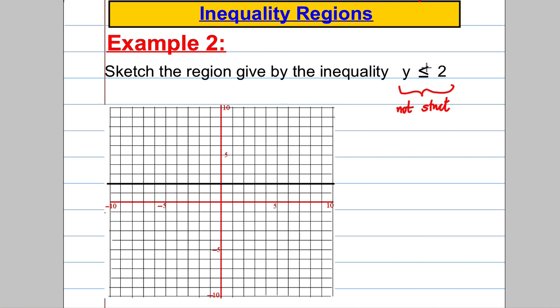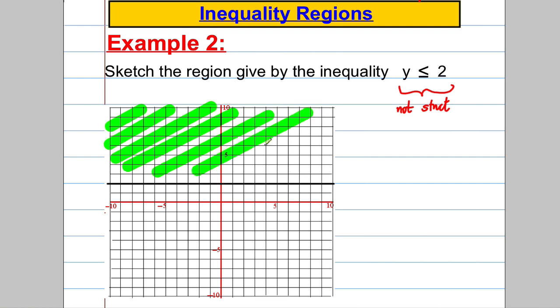We want y less than or equal to 2, so we want the region below that line. So what we're going to do obviously is shade the region above the line like that, and we're just going to state here that we rejected this bit, and this is the bit we want. So everything below or on the line is y less than or equal to 2.